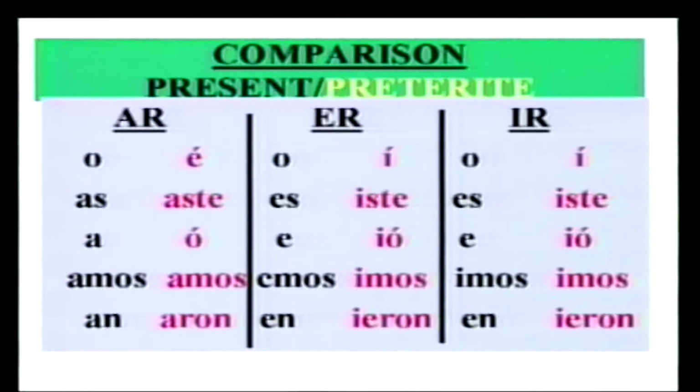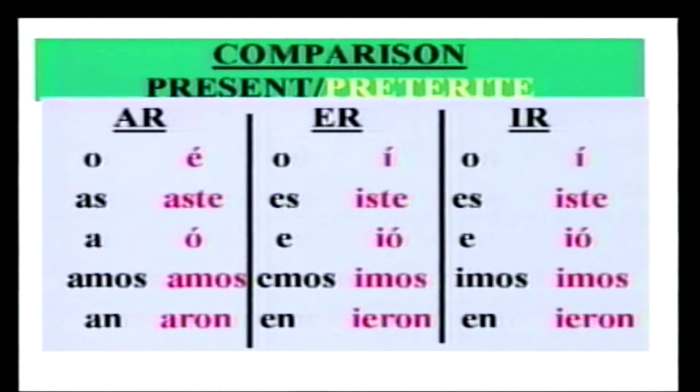Looking at the red letters for regular AR verbs in the preterite: aste, o, amos, aron. For the ER and the IR, remember these are the same: iste, io, imos, ieron.